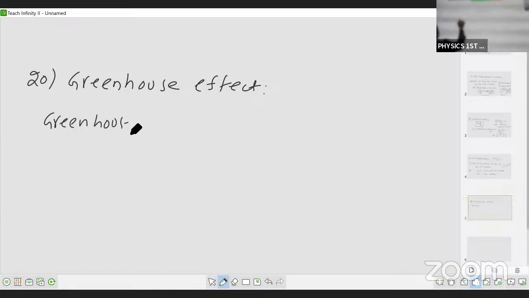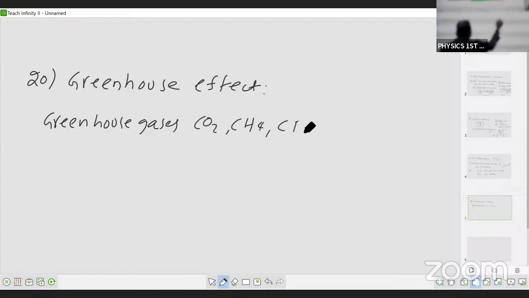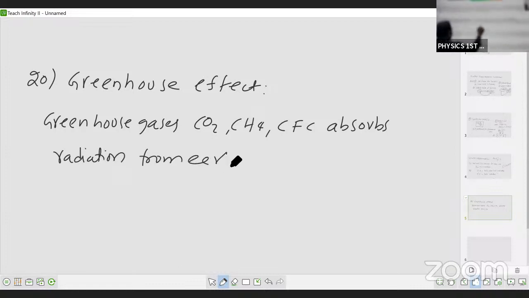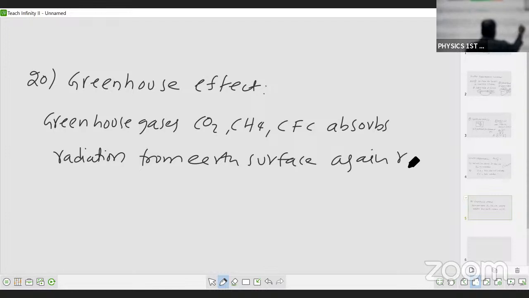Greenhouse gases, carbon dioxide, methane, CFC, chlorofluorocarbon, absorb radiation from the Earth's surface, again re-radiate.